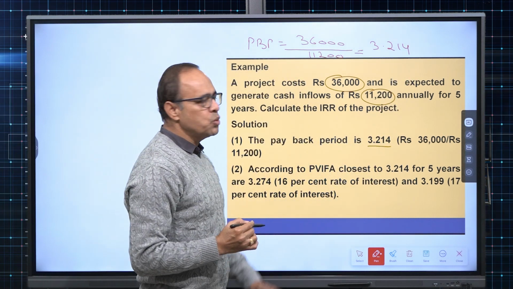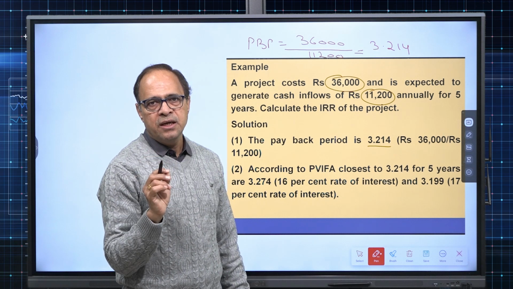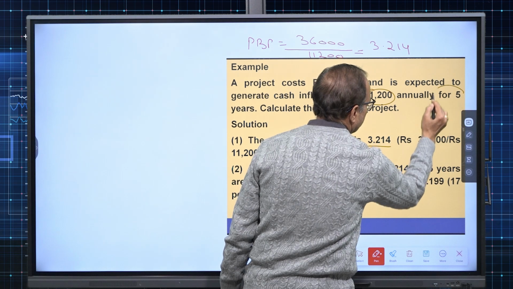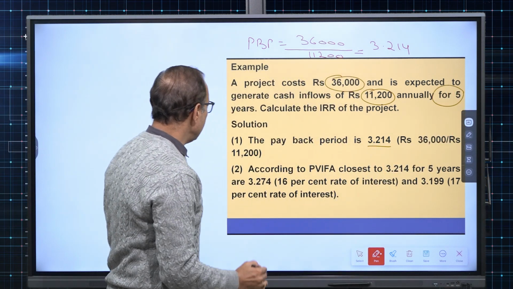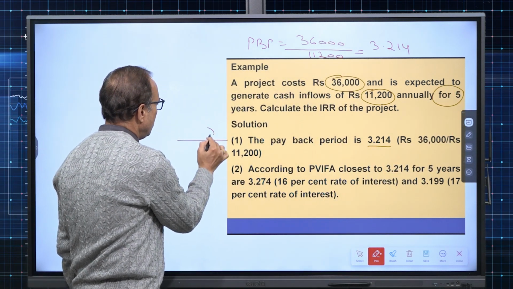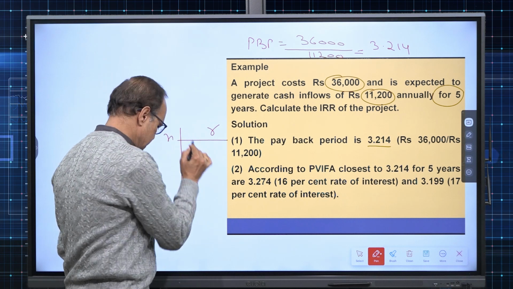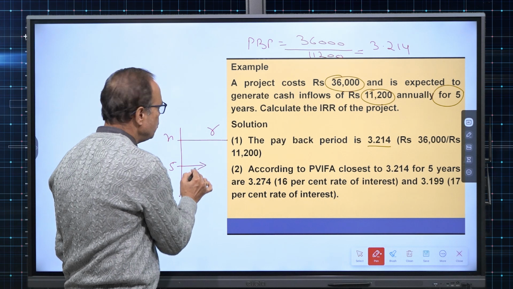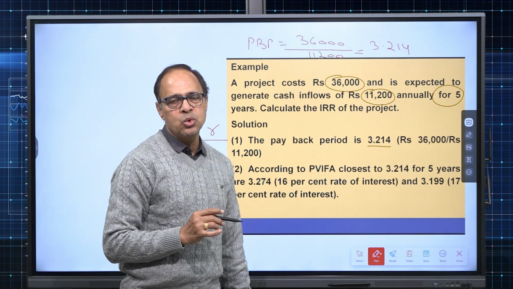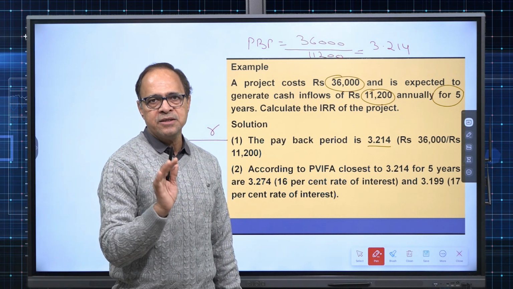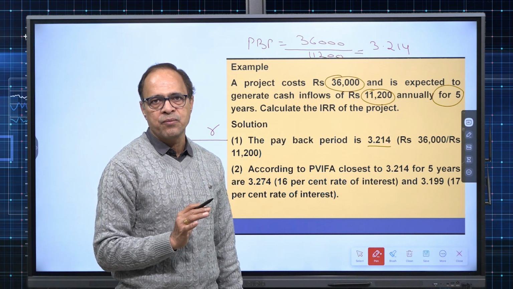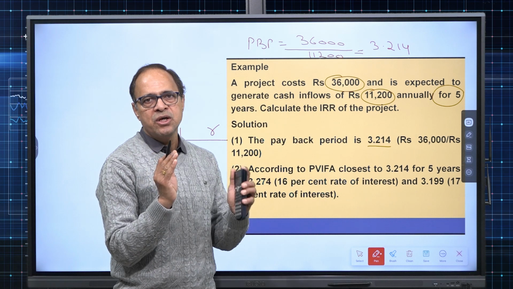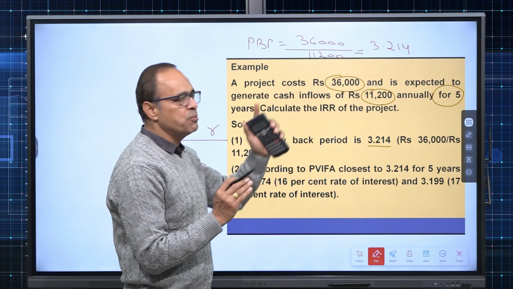Now this 3.214 is to be located in present value annuity table exactly in the row of 5th year. If you remember how the time value table is given, on the top rate is there, on the left year is there. So exactly in the row of 5th year keep on moving, and you might find somewhere 3.214, but in many cases you will not find exactly 3.214. So your target will be finding at least 2 factors closest to 3.214.